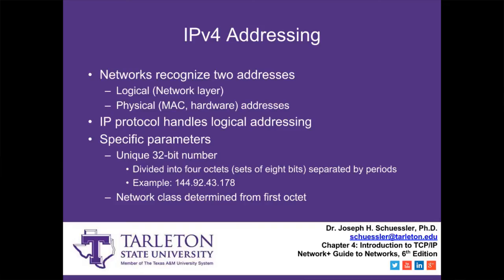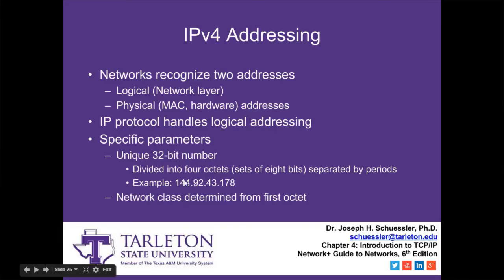IP version 4 is a unique 32-bit number, and it's divided. We don't like to remember long, great big long numbers, so instead of using 32 bits of zeros and ones, we like to break those up into smaller groups, or when it comes to IP, 4 octets. So when you see those addresses, 144.92.43.178, those are 4 octets.